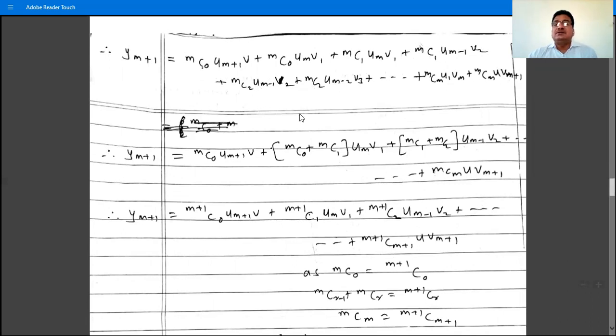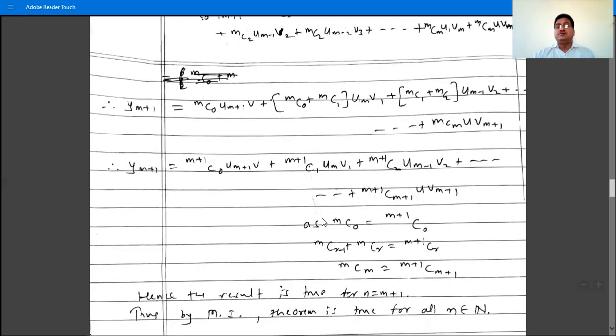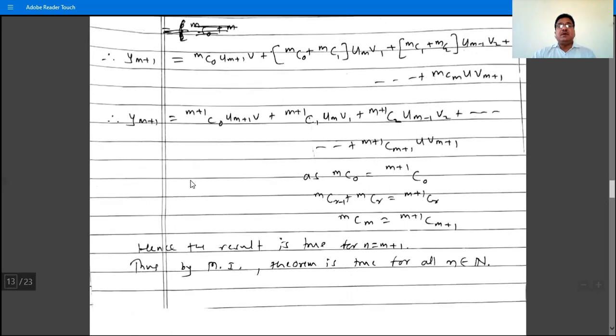The similar process applies for the next step. From this term and the next term take u(m-2) v3 as common. From this step and the previous step take u1 vm as common. Don't write that step, directly write the last term mCm u v(m+1). Then in the next step, y(m+1) equals mC0 and (m+1)C0, both are the same, since the value of mC0 is 1, and the value of (m+1)C0 is also 1.